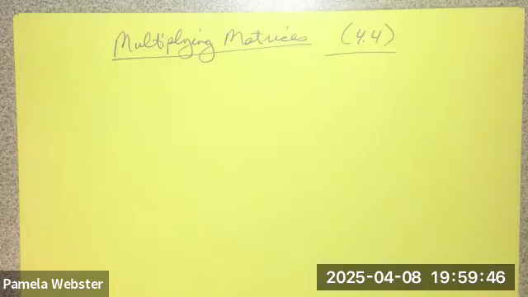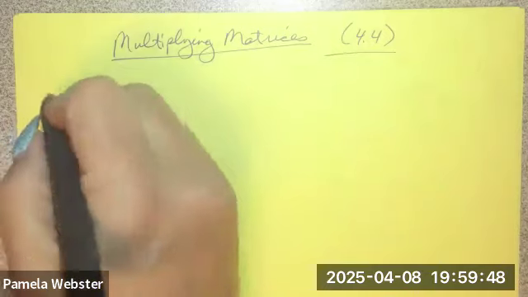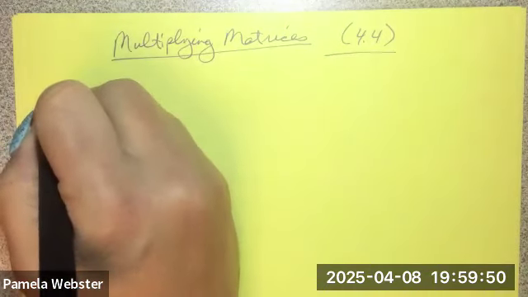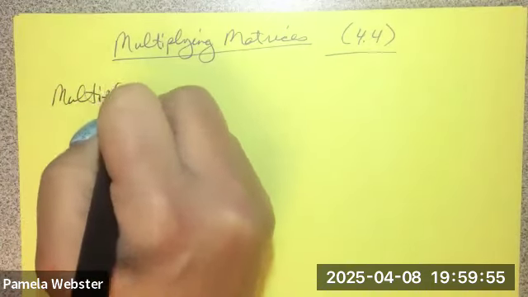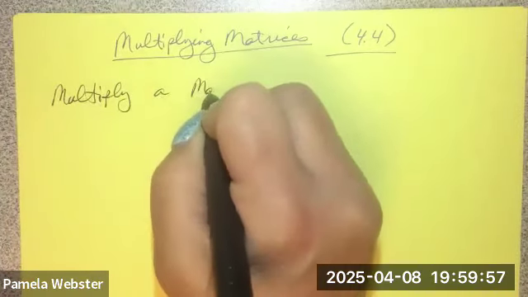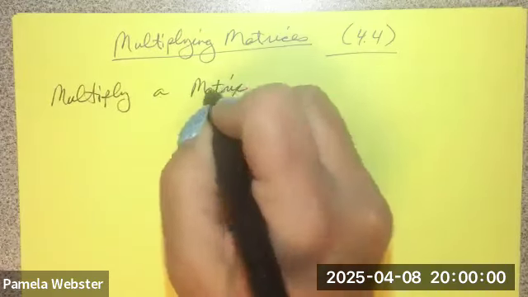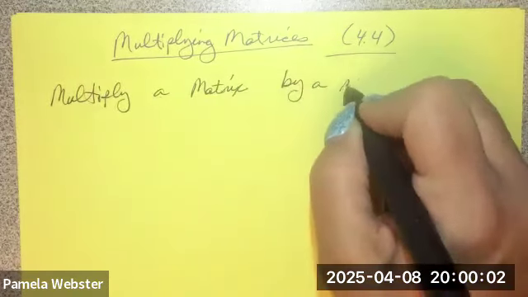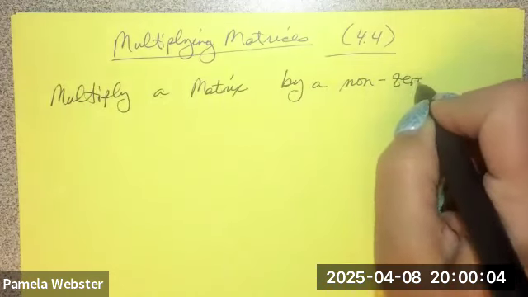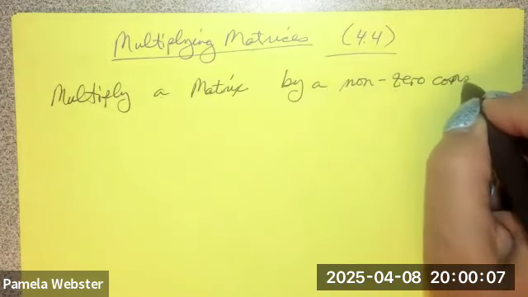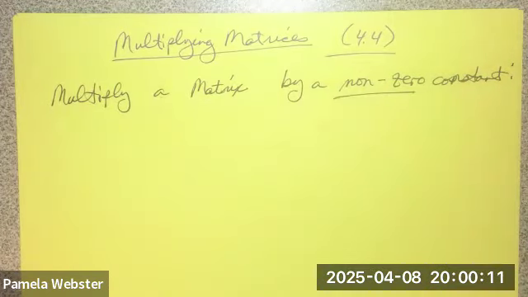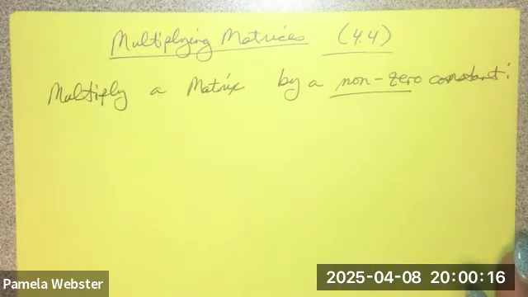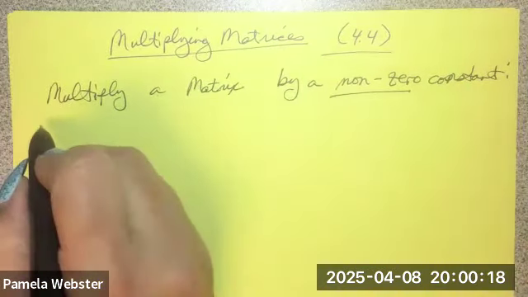So the first one is they might say, multiply a matrix by a non-zero constant. And again, we don't want it to be zero, right? If we multiply something by zero, that thing just goes away. It becomes a zero. So that doesn't make sense for us to do something like that.